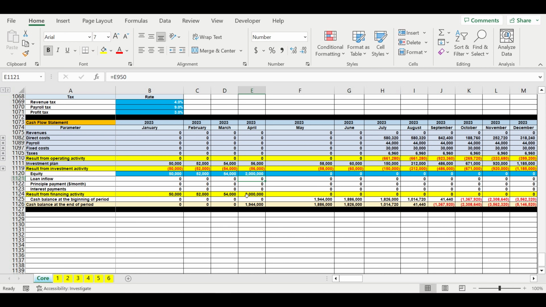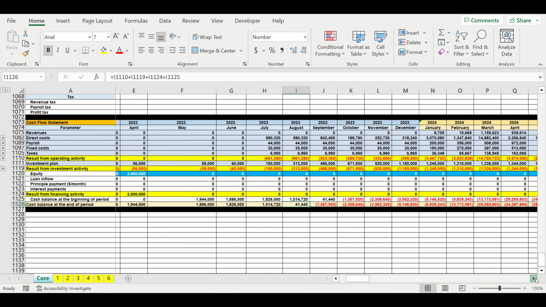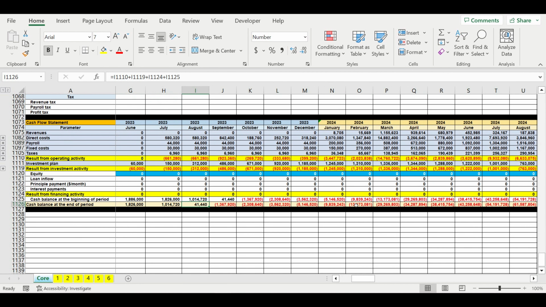So we put $2 million in a project, and then we start eating this money. And here we can see when this money are eaten. So the project ate all this money. For example, now we're going to put here, for example, $14 million. So they will be eaten somewhere here.